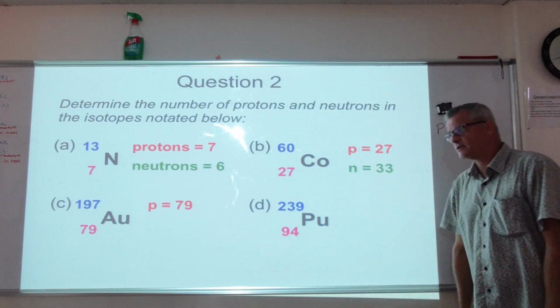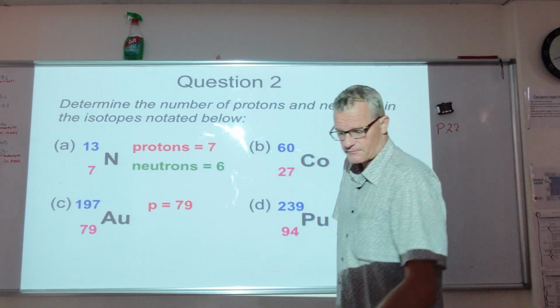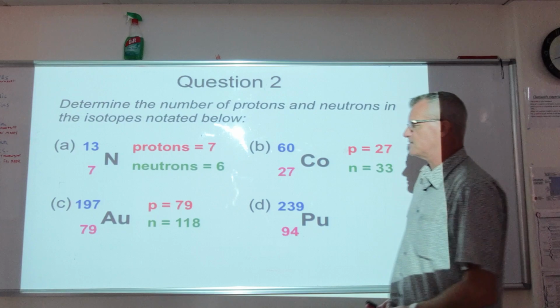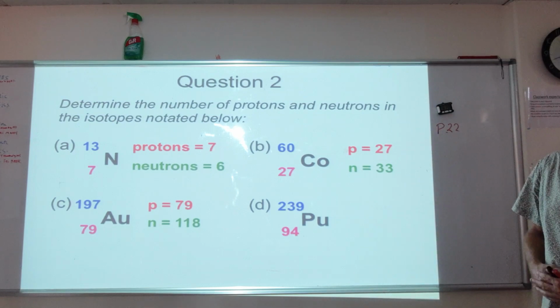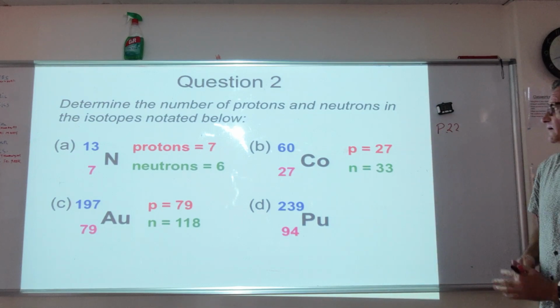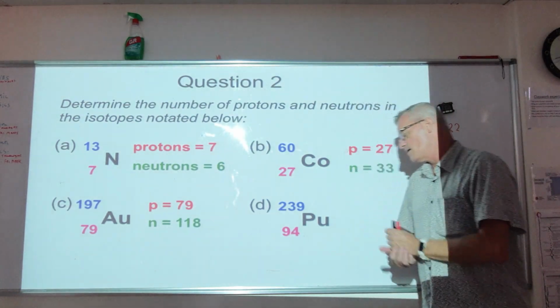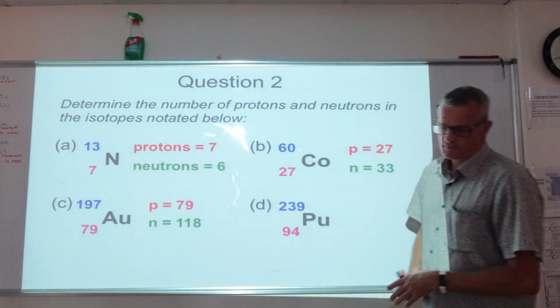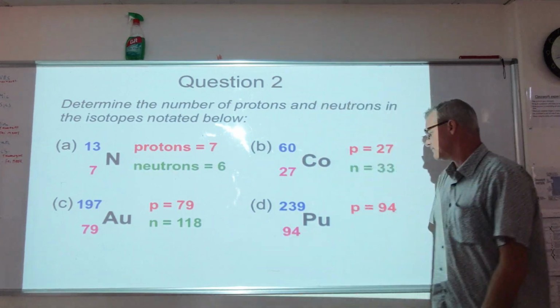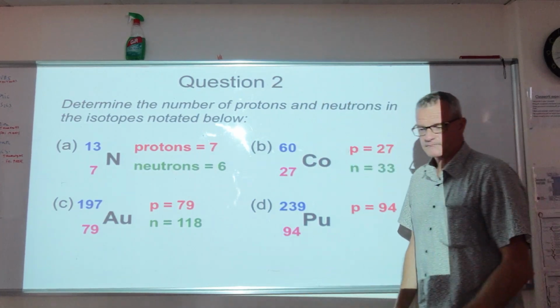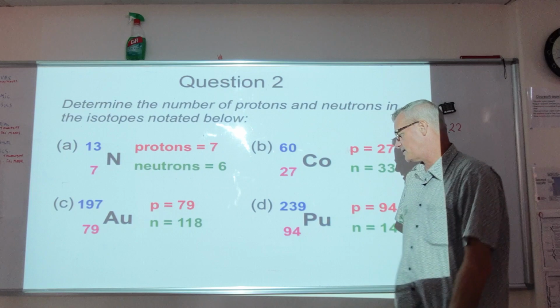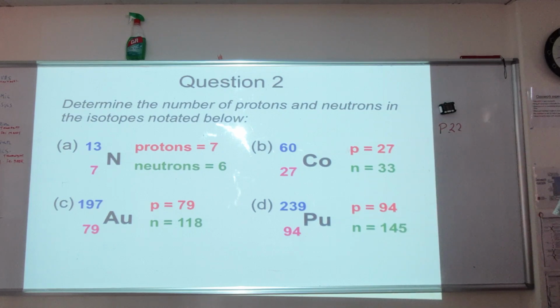Protons is 79 and the amount of neutrons is 179 minus 79, which is 118. Then the last one, plutonium. Plutonium has 94 protons and neutrons 239 minus 94 is 145. Okay?